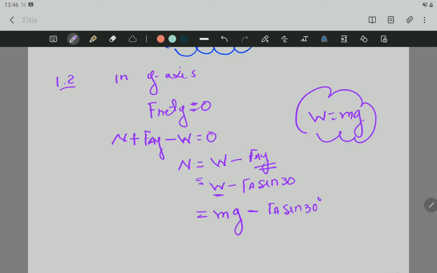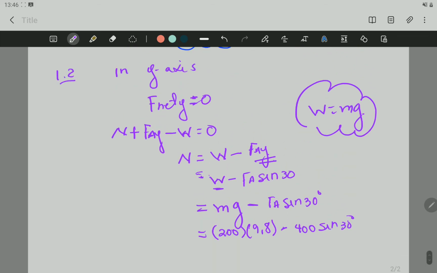And then what is left? Well, to do the substitutions, we can do the substitution. We have that the mass is 200. We have that acceleration due to gravity is 9,8. Everything minus the applied force, which is 400 multiplied by sine of 30 degree.